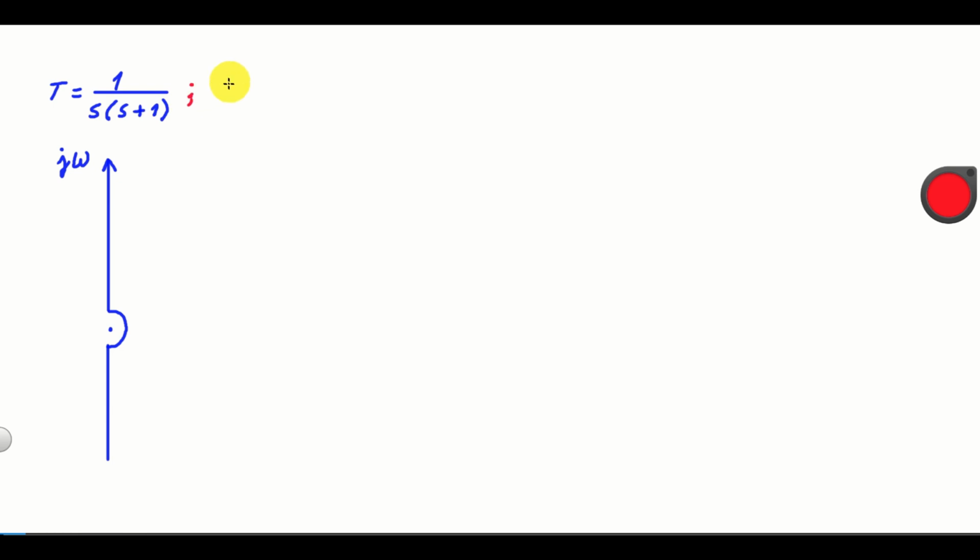Then, the first step is to set S equal to j omega, where j is the imaginary unit, that is, j is equal to square root of -1, and omega is the angular frequency. Omega is equal to 2 pi over T.